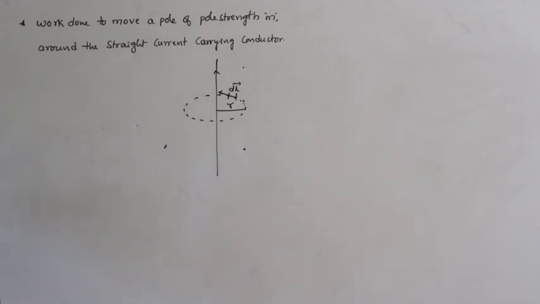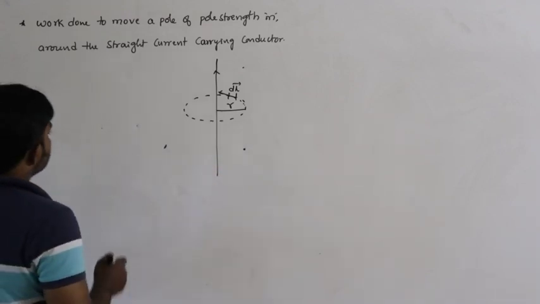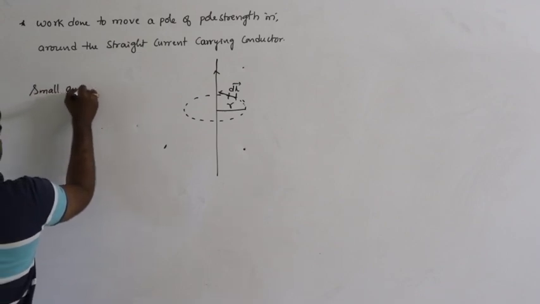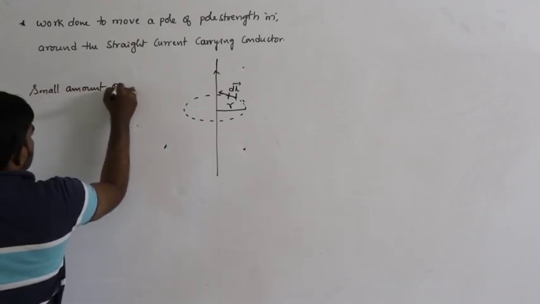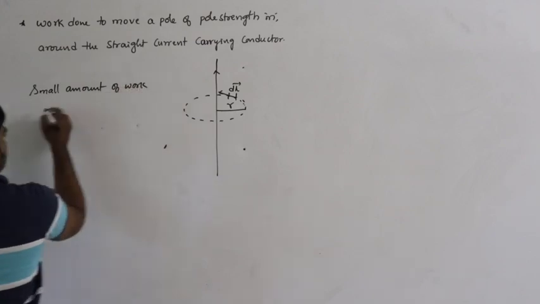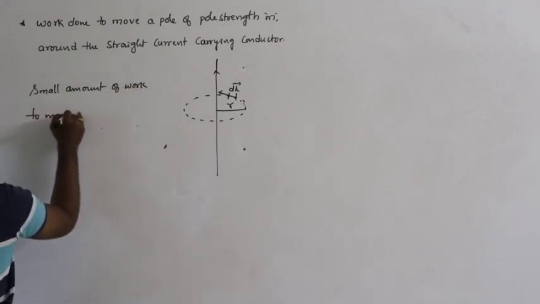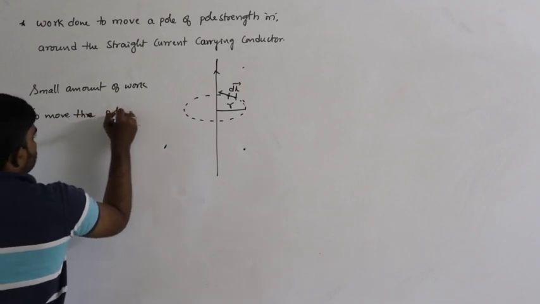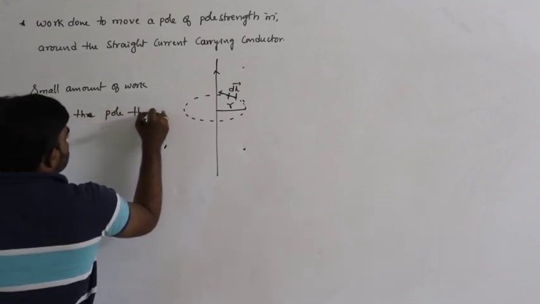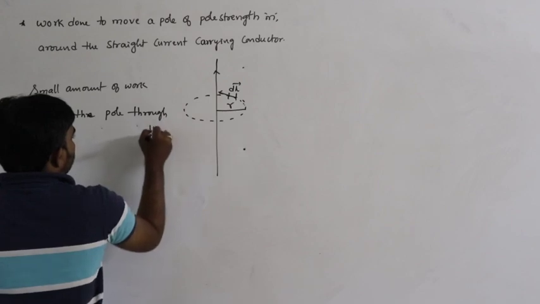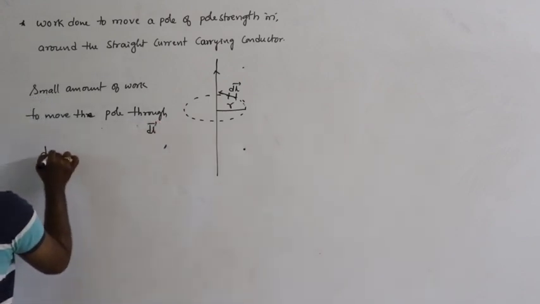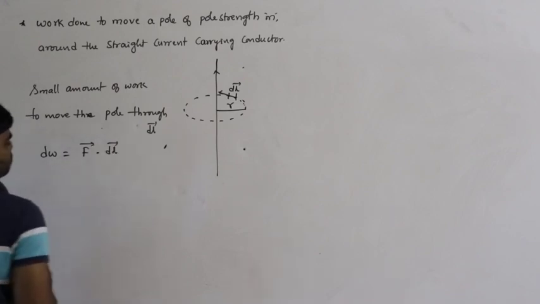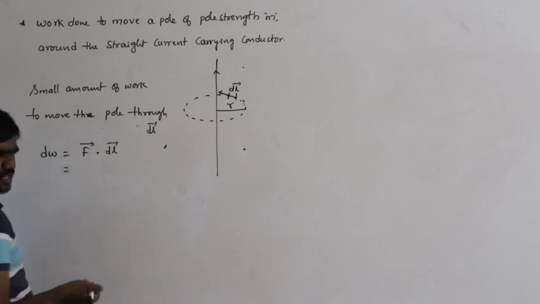So in this situation, let us say a small amount of work to move the pole through dl bar. Let us say dw is equal to work done, f bar dot dl bar, theta is 0.